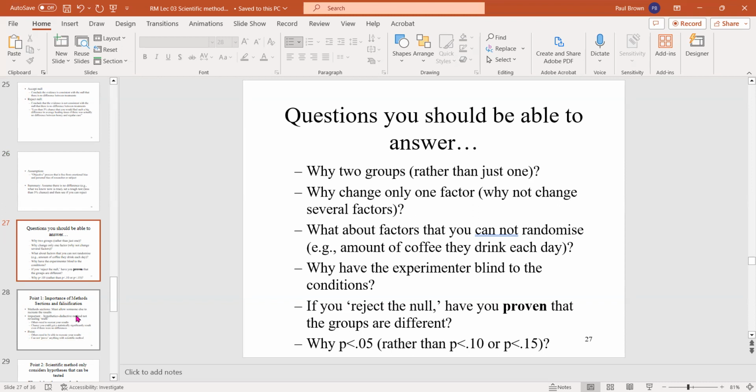Okay. Why have the experimenter blind to the conditions? What often happens is that if I'm the person running the study, I won't actually be the one who gives people Manuka honey or the standard care. Why is that? If I randomize, how can it bias?